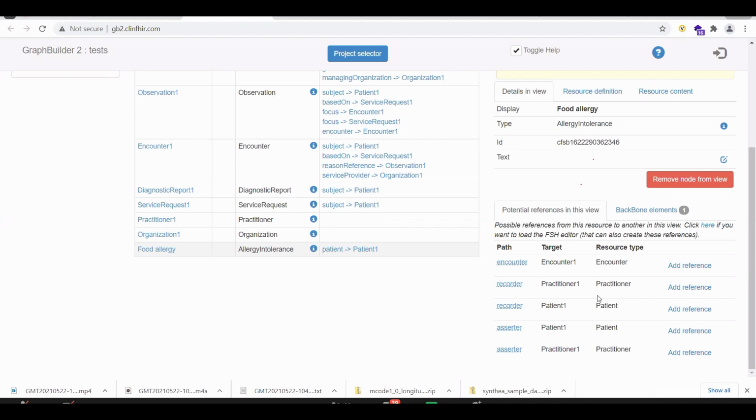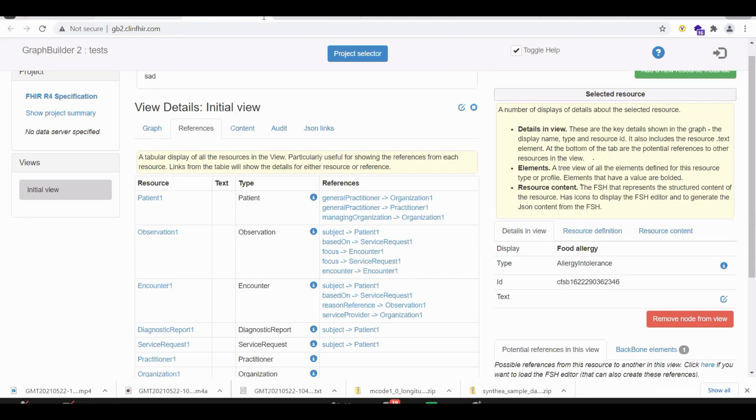Allergy can be recorded by a practitioner who acts as a recorder, okay? Patient can also be a recorder, right? Practitioner can be an asserter. Asserter means, yeah, I say that this person has this allergy, right? So these are the references possible. So now if we go to the resource also, and let's see.